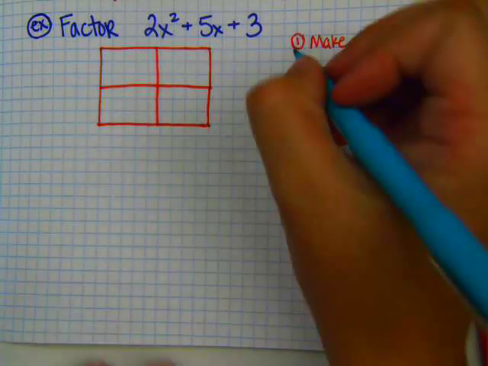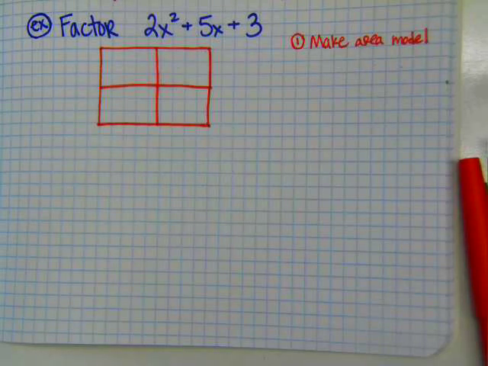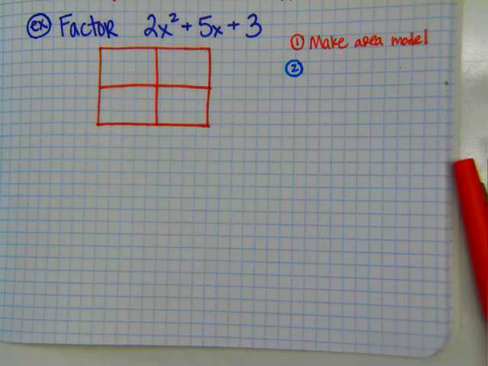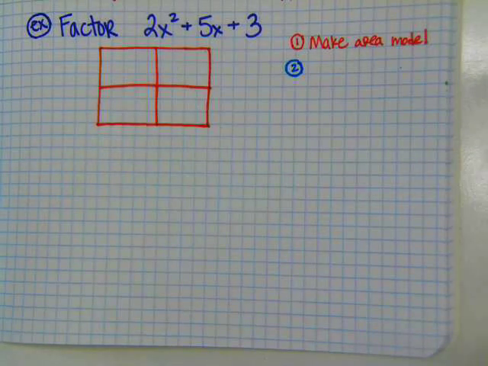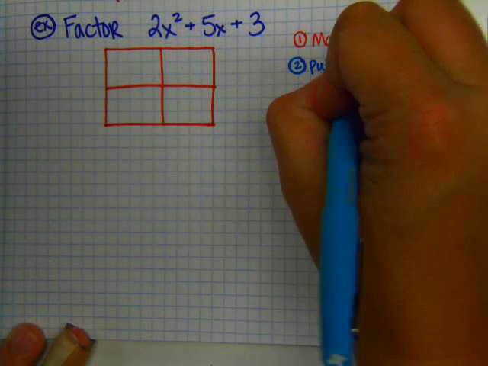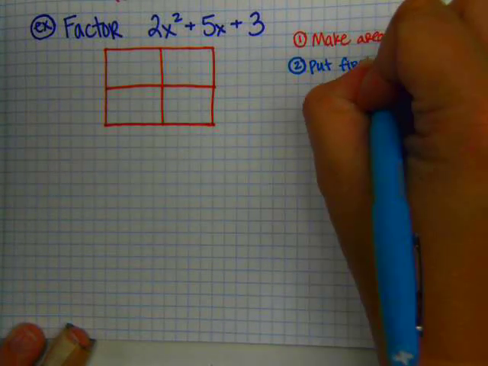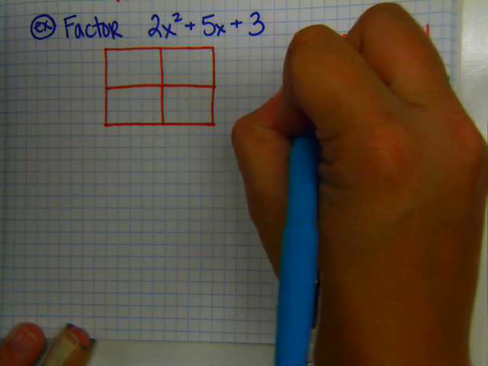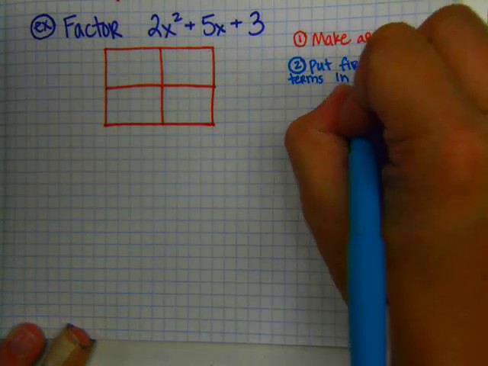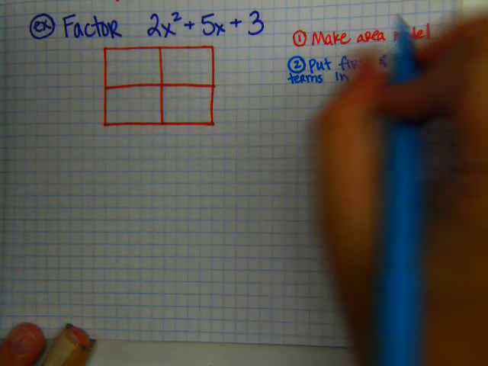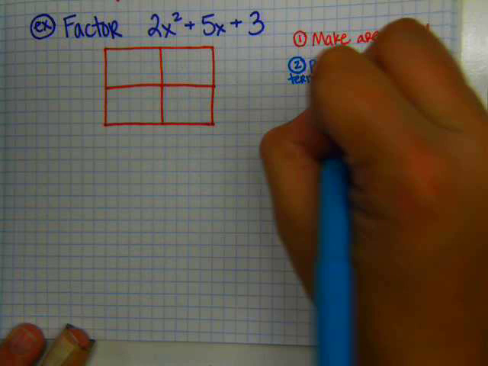Step two. You're going to put the first and last terms in the diagonal boxes. Okay, now I wrote it in words.